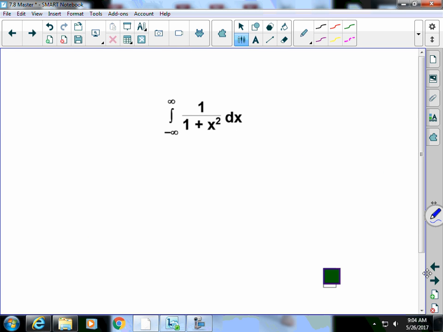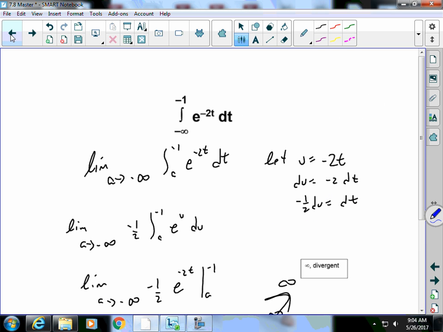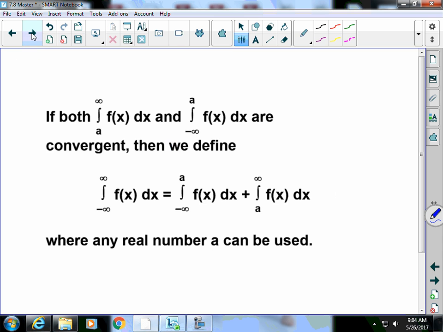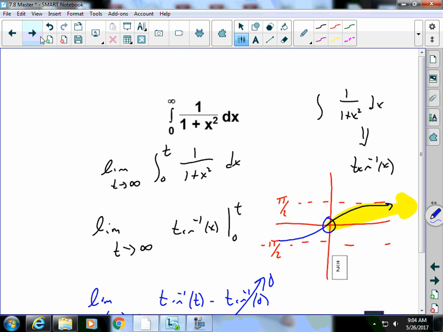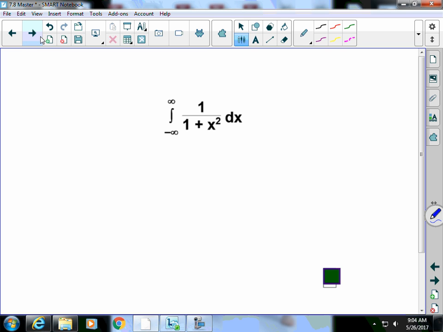So now in this example, we're still looking at the arctan, but instead of going from 0 to infinity, we're going to break this apart, because we said back here a few slides that I could break it apart. And I could break it apart anywhere. And I'm going to choose to break it up in a specific spot.